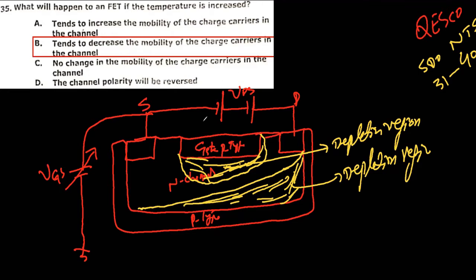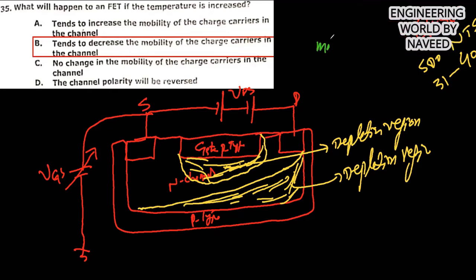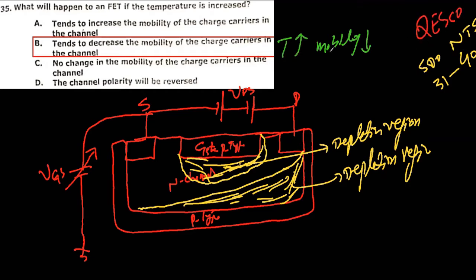So as you increase the temperature of the FET, the mobility of the charge will get decreased. If the mobility of the charge gets decreased in the channel, it means that the current will get reduced throughout the channel.